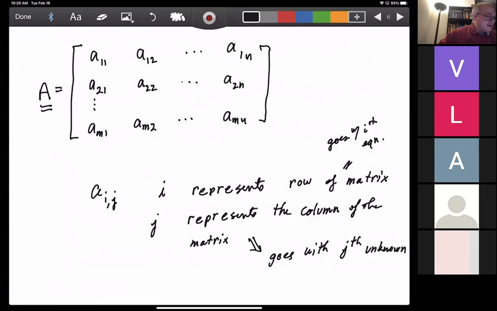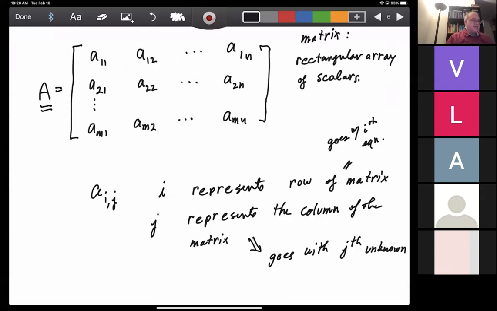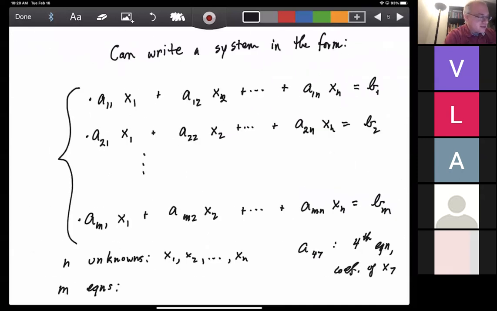A matrix is just a rectangular array of numbers or scalars. It doesn't have to have the same number of rows or columns necessarily. It just has to be rectangular. And this matrix that I've written down is called the coefficient matrix for that system that we had over here.